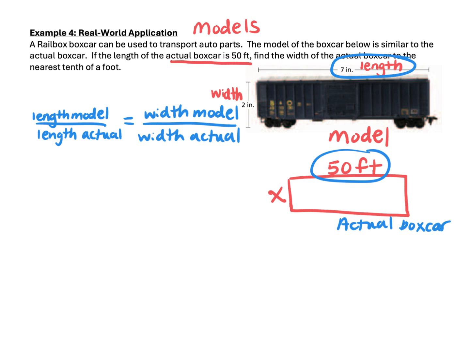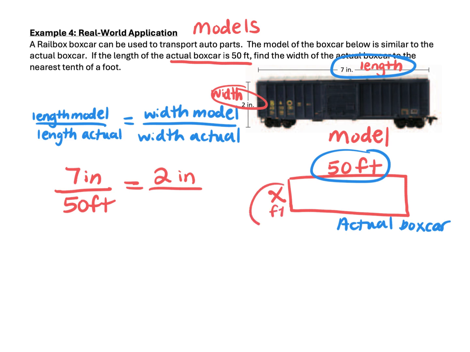So now let's put our numbers into our proportion. Length of the model is 7 inches. Length of the actual boxcar is 50 feet. And that's going to be equal to the width of the model, which we can see is 2 inches, divided by this, which is something in feet. Now, even though the units are different, that is totally fine as long as the units are lined up.